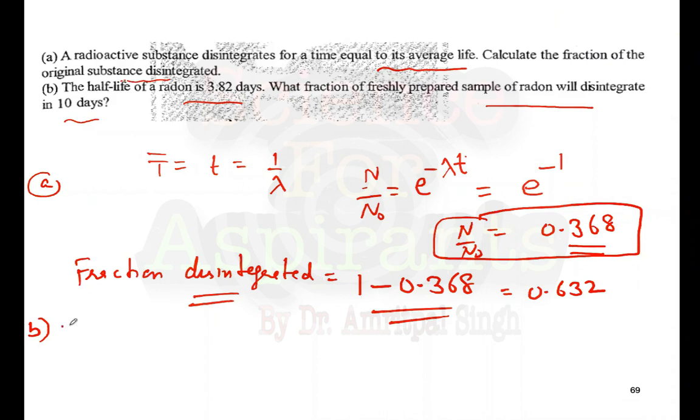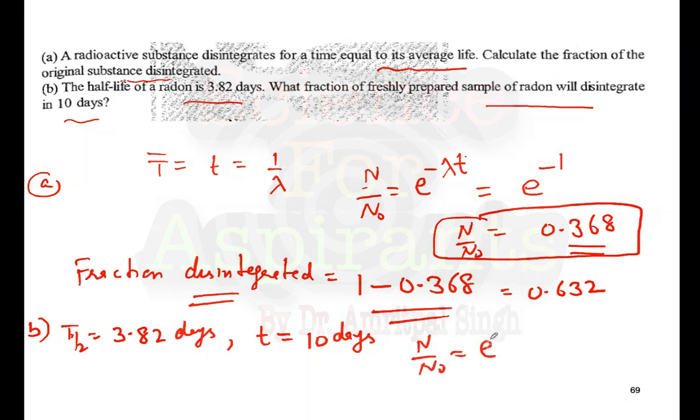So half-life is given, that is 3.82 days, and the time is 10 days. Using the same equation, N over N naught is e raised to the power minus lambda t, and you can find the value of lambda from this half-life period.